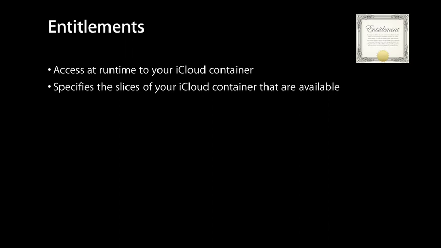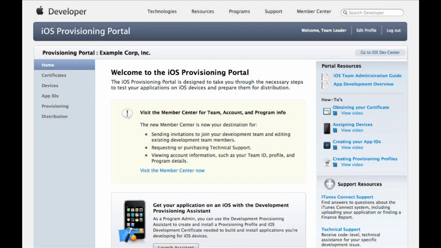But these entitlements also do one extra thing. They allow you to specify the slice of your total iCloud storage that you want your particular app to be able to use. Now, when you want to get set up, you do all of this through the iOS provisioning portal. So you want to make sure that you go to the iOS provisioning portal, that you go to the App IDs tab.